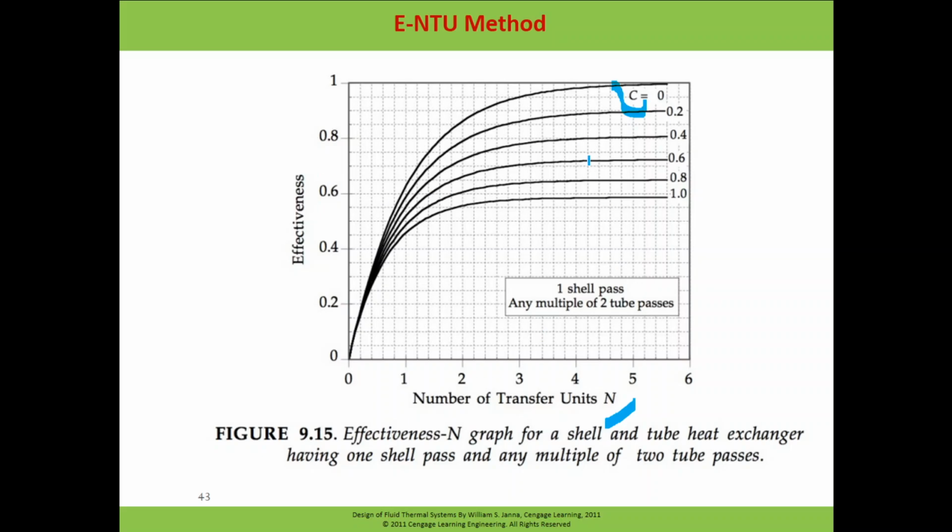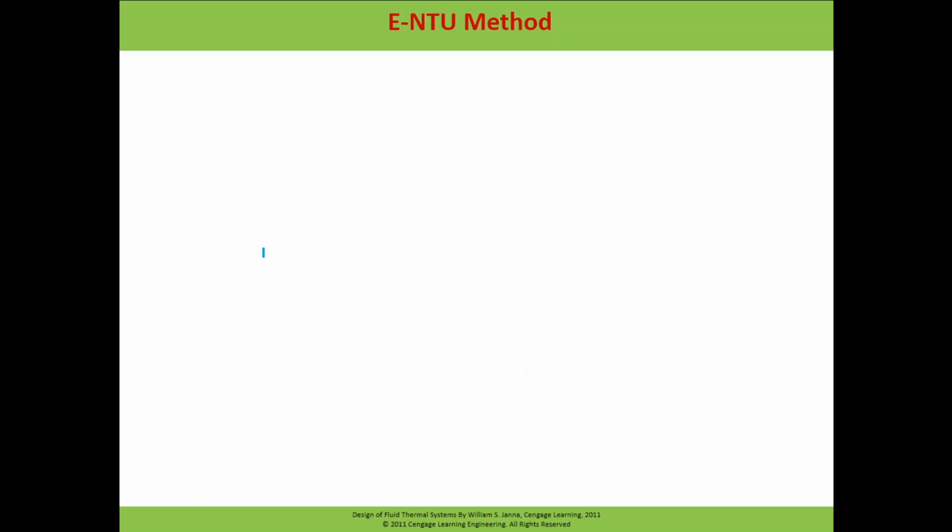There are different charts, and this chart is applicable for one shell and two passes, and any multiple of 2 tube passes. That means one shell 2 pass, one shell 4 pass, one shell 6, 8, and so on. Any number of passes, but a multiple of 2, while the shell always remains 1. So you need to know C and N to find the effectiveness in this case.